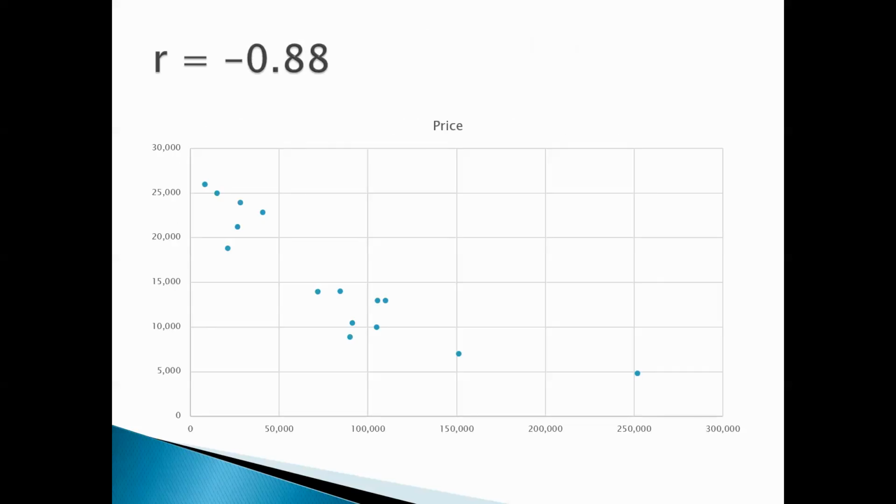And we see that here. So these are some Honda CR-Vs that were for sale, all the same make and model, but not year. The number of miles on the car is down here, the price is up here. And as we'd expect, the more miles a car has on it, the less it costs. And the correlation coefficient is negative. In fact, negative 0.88, which is, again, very strong.